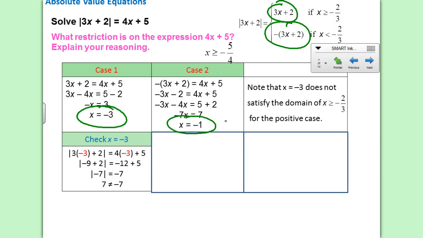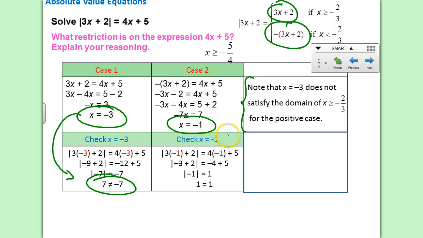Now you've got what you think are your two answers. Now notice, based on restrictions, and I want us to talk about this tomorrow, but I'm going to leave that till tomorrow. For you, what you need to do really now is make sure these answers work. You always have to check them, just like Cal the dog said on the last page. So does x equals minus 3 actually work? And you'll find out it doesn't. That answer doesn't work. And you might wonder why. Well, we're going to talk more about that tomorrow.